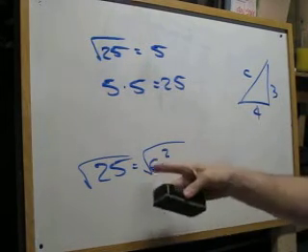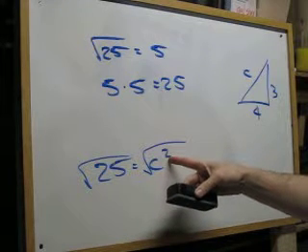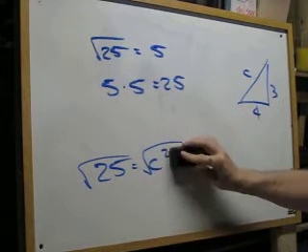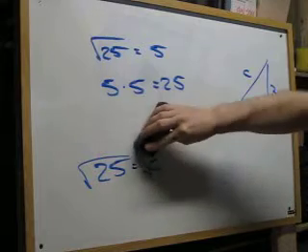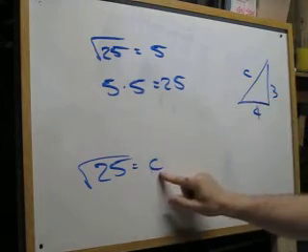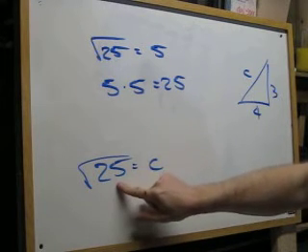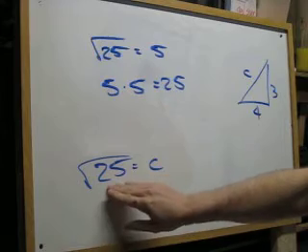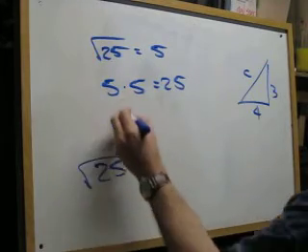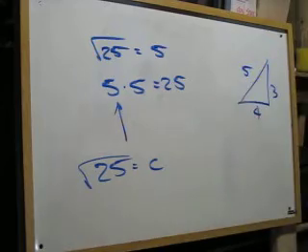When you take the square root of something that has an exponent of 2, it gets rid of not only the 2, but the sign. So everything disappears except what was inside the sign. Now C equals the square root of 25. Okay, so what number times itself gives me 25? 5. So my C is no longer a C, it's a 5.